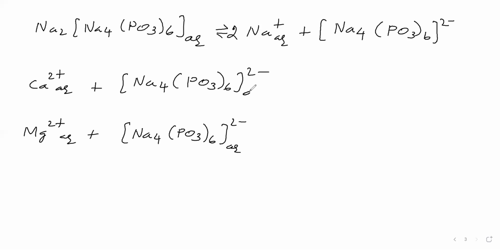We have added this Calgon. So now what are we getting? Calcium ions and sodium ions are getting displaced. Sodium ions come outside, and calcium ions go into the complex.